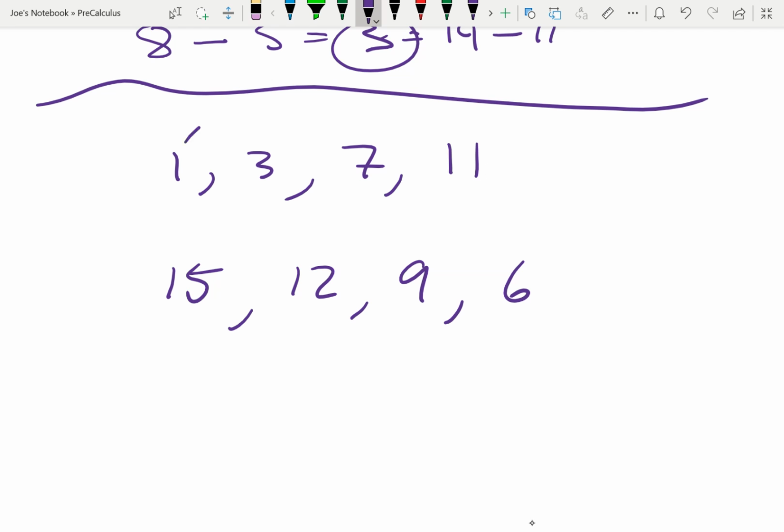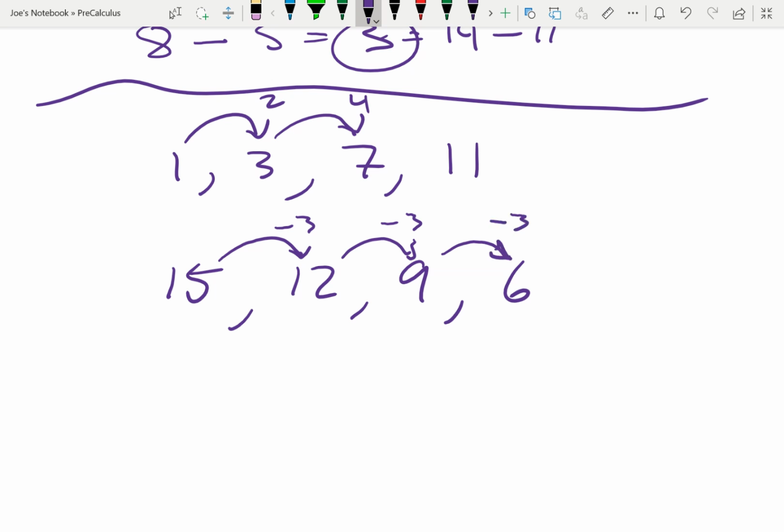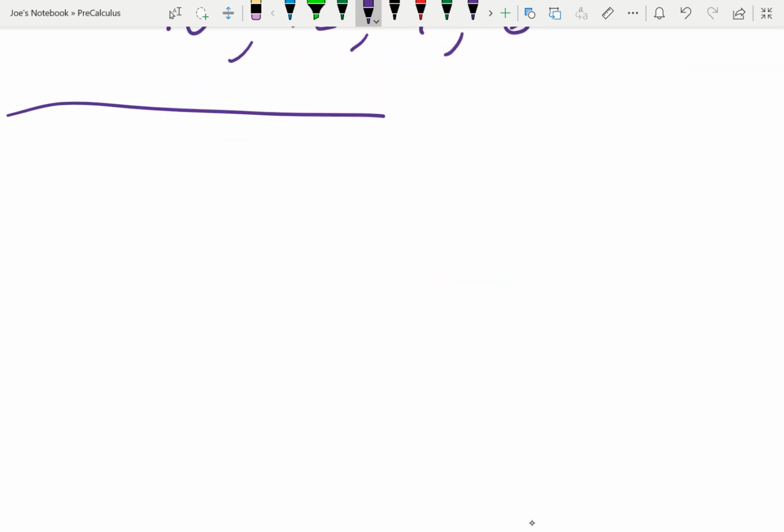So the difference here was 2, and the difference there was 4. It's obviously not arithmetic. Then minus 3, minus 3, and so on and so forth. All right? Now, when it's that easy, you can do it. Sometimes when they're larger numbers, you might have to actually do 12 minus 15. All right, so that's the first objective done: determine if it is arithmetic.